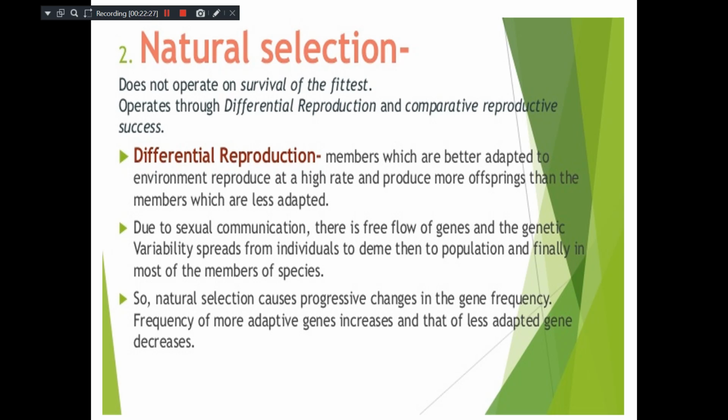Due to sexual communication, we expect free flow of genes and genetic variability from the individual to the first small set of the population, what you call the deme, then to the population, and finally to most of the members of the species.